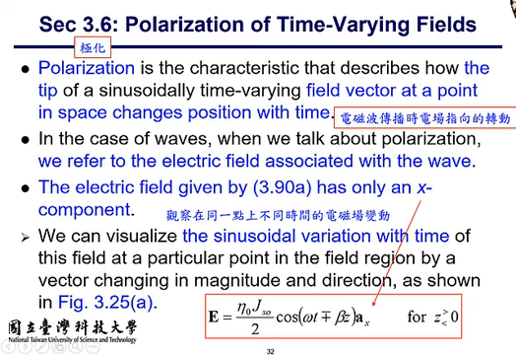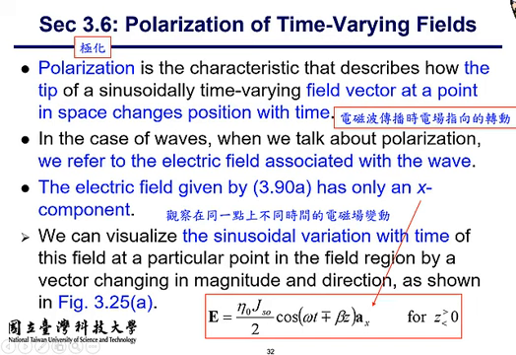a special case. The more general case is the so-called elliptical polarization. That is, the direction of the E field will change as it varies. It not only goes up and down, it also rotates.